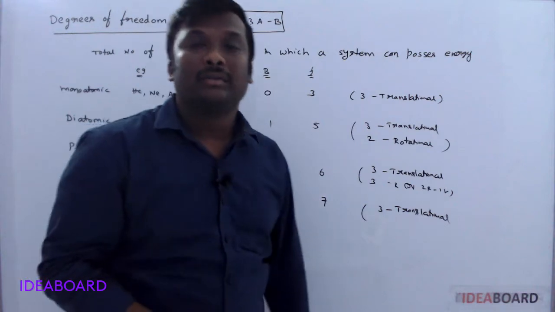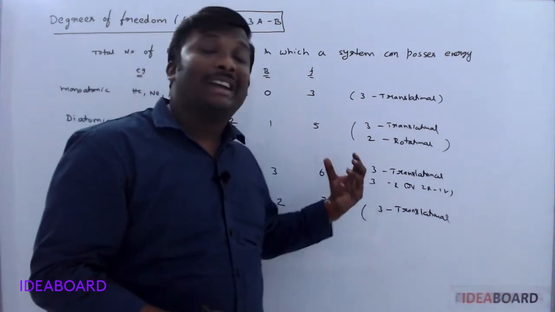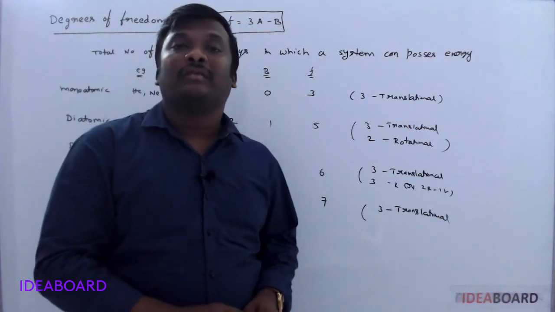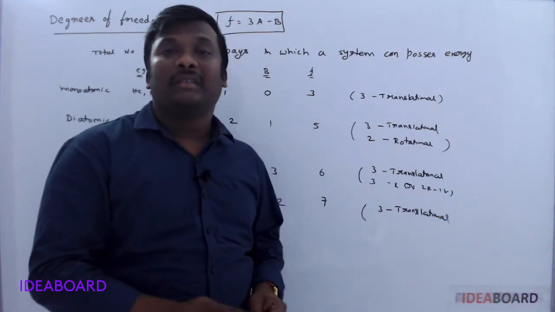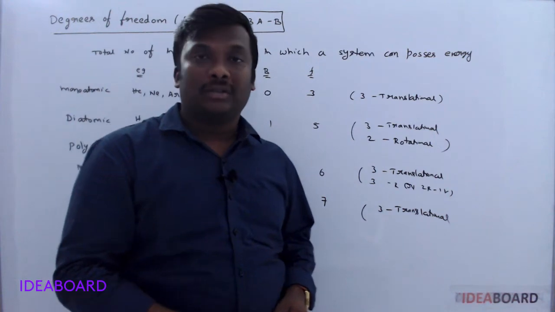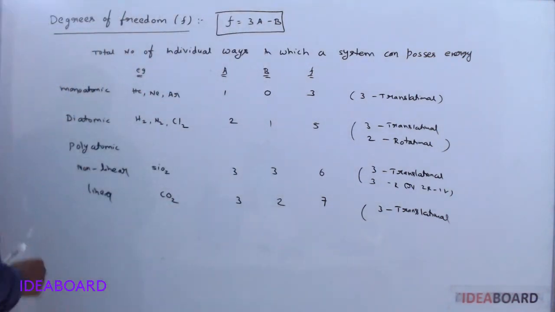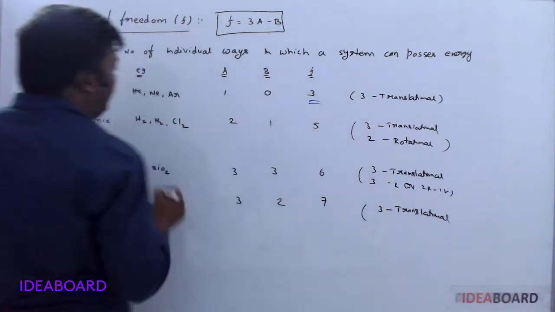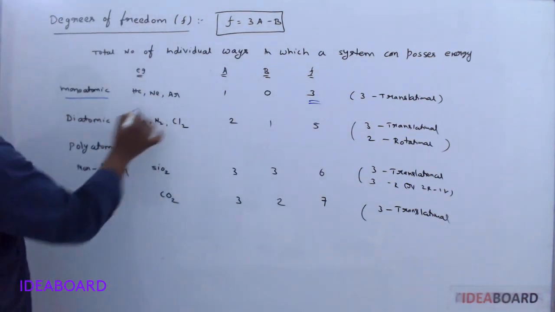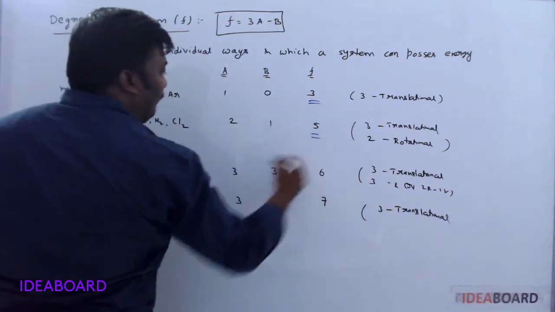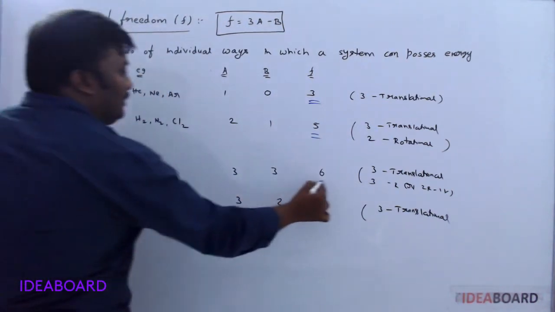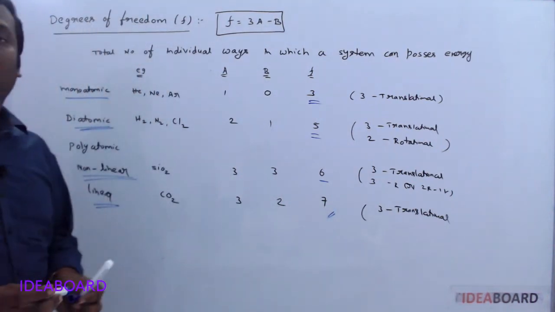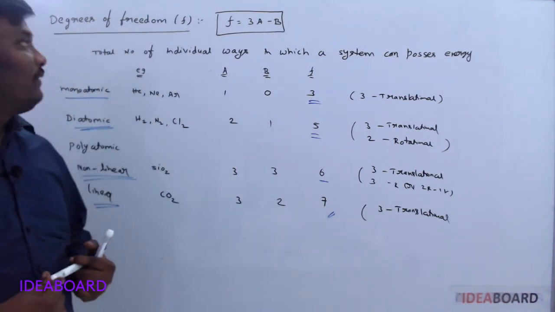We didn't say how many rotational or vibrational motions take place; it depends only on the arrangement of the molecules. So for monoatomic, the degrees of freedom are 3. The examples are also important to keep in mind. Diatomic 5, non-linear 6, linear 7. These are the values of the degrees of freedom.